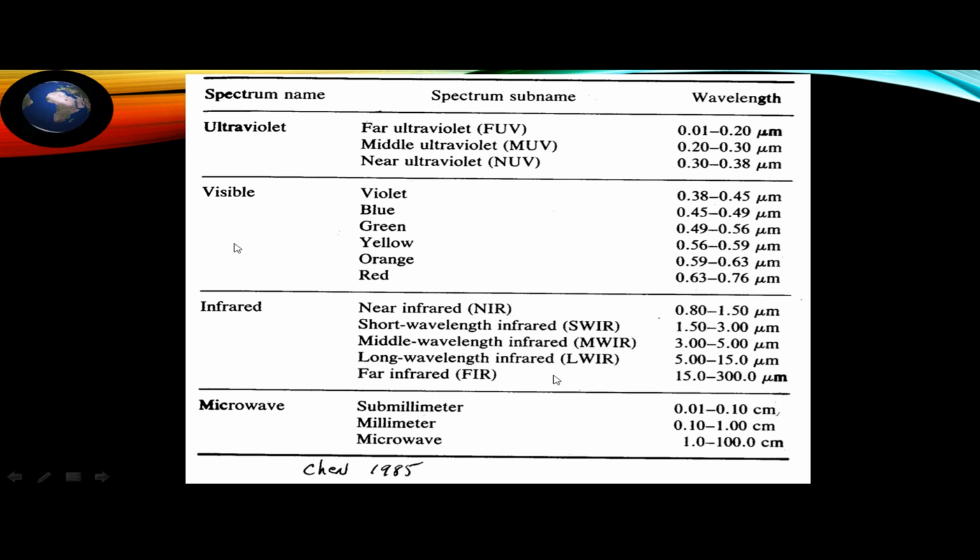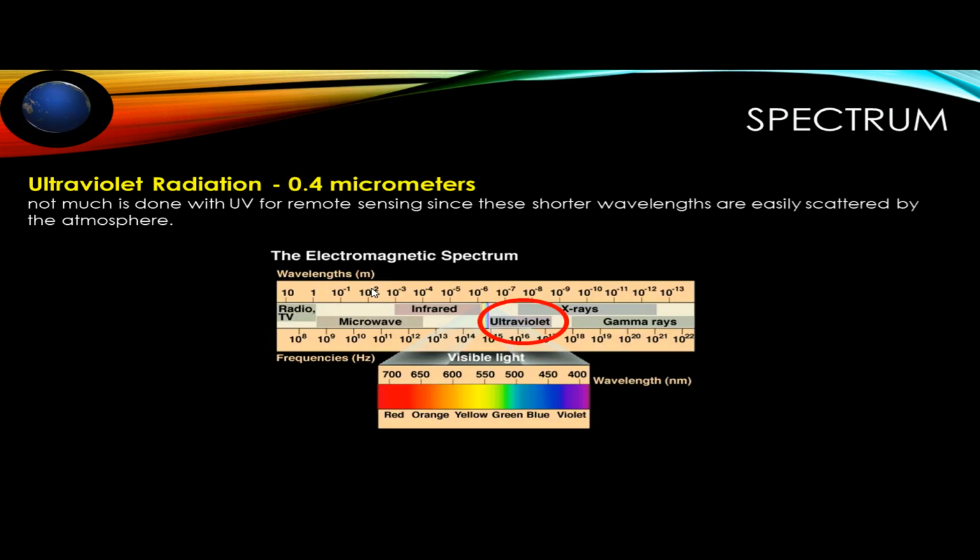We are more focused on the visible range to get the earth features visually, to interpret the remote sensing imagery visually. So let me tell you about each of these divisions of the spectrum. The ultraviolet, just before this visible range, is not much used for remote sensing since these are shorter wavelengths, as I told, and are easily scattered by the atmosphere.